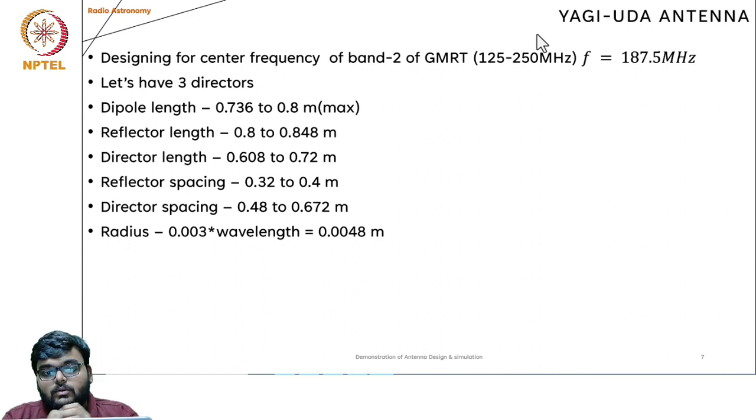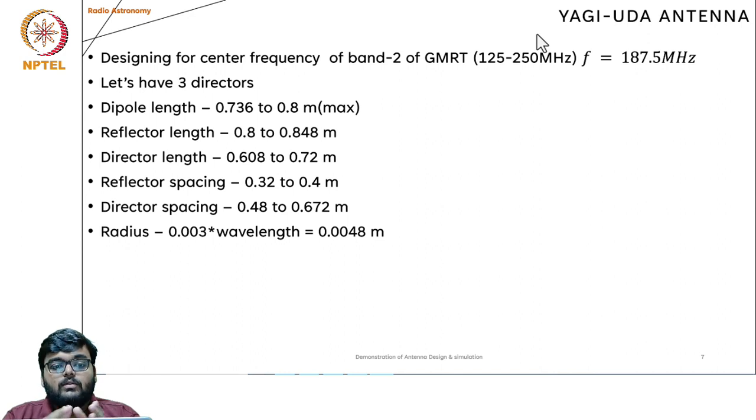So dipole length we already got from our previous experiment. Now reflector length is typically from 0.2 to 0.25 lambda, so we can have from 0.8 to 0.848.